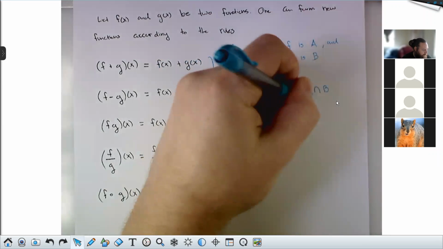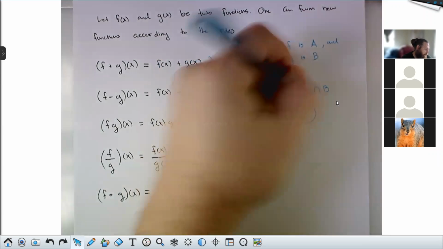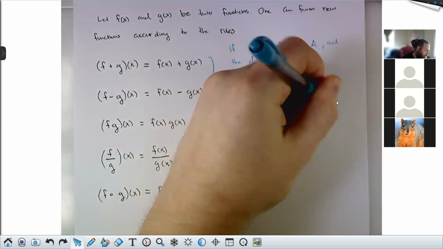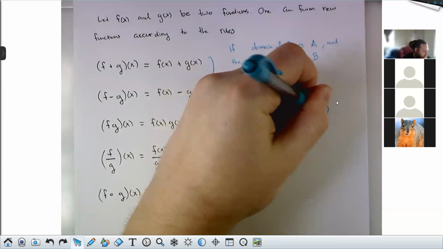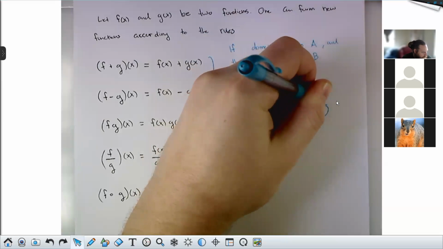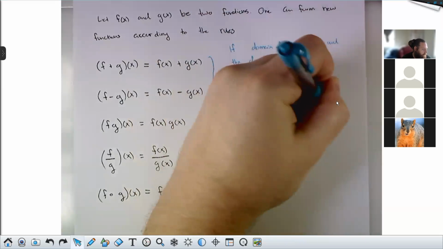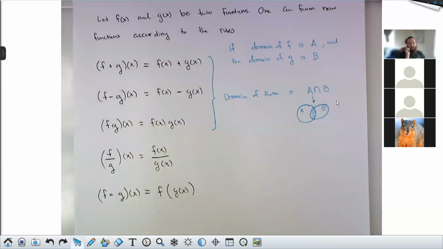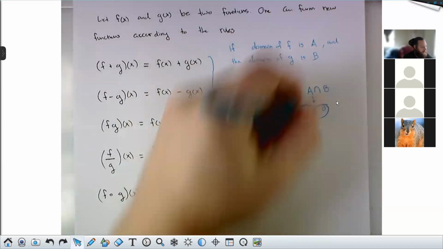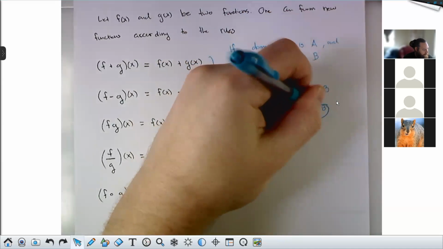And just a quick reminder, the kind of visual representation of that intersection is this. If this is the set A and this is the set B, then the intersection of A and B is the overlap. It's the stuff that's in both.